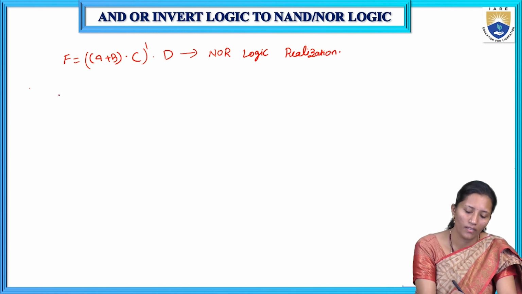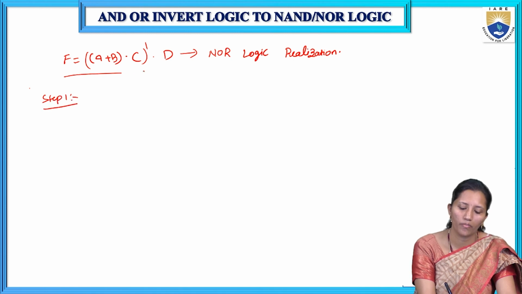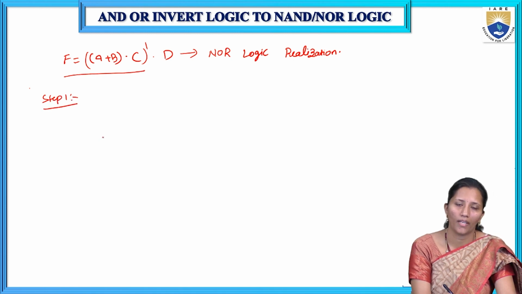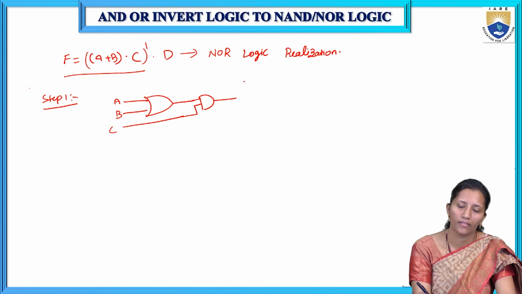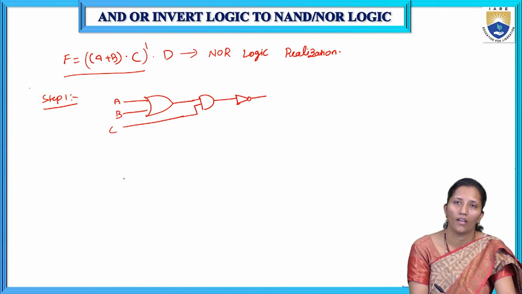Okay, so here in step 1, first we have to implement this Boolean function in terms of AND or invert logic. So A, B is given to the OR gate. Here we are going to get A plus B. Into C means we have to give it to the AND gate. Here we have complement, so we have to draw a NOT gate.